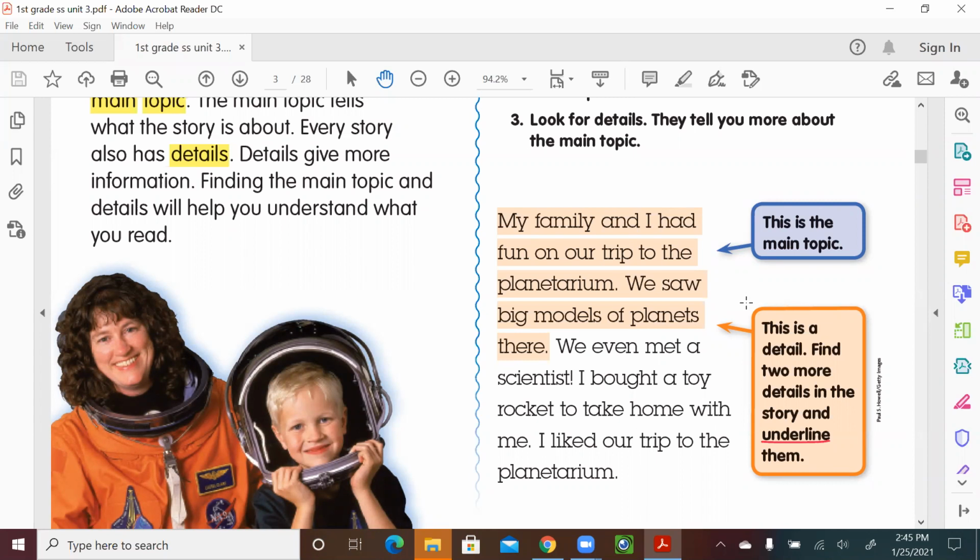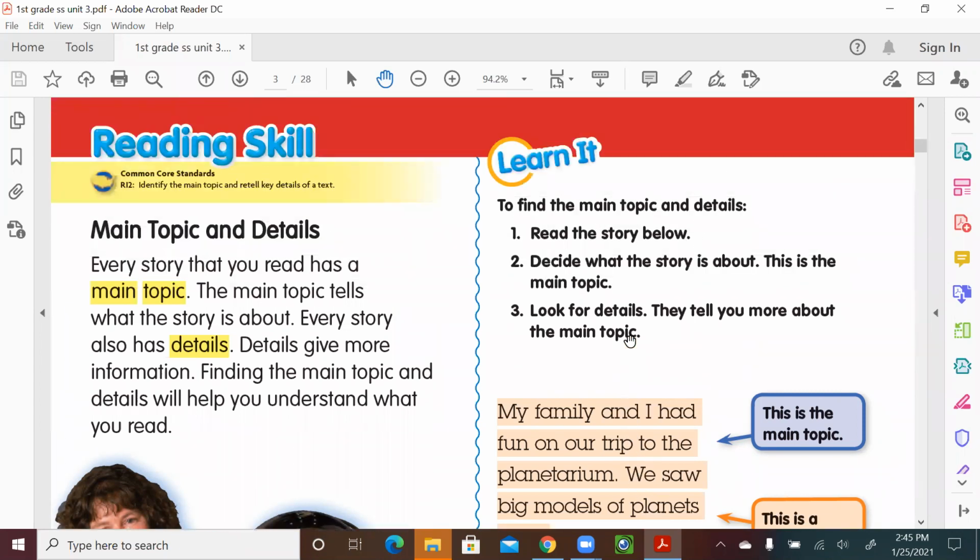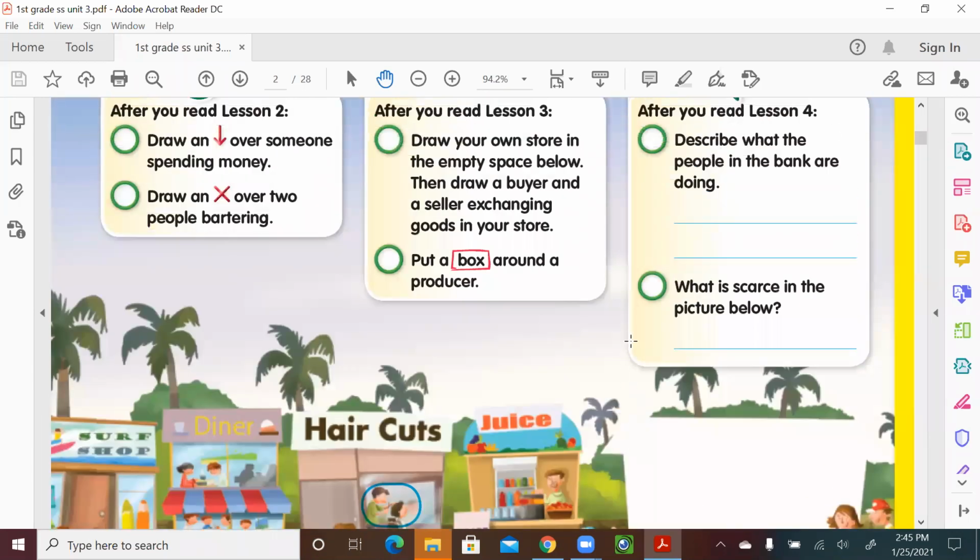We're going to start with a new unit, page 78, unit 3, beginning of economics. In this unit, you'll be learning about making choices, goods and services, money, and barter, and also how to make better choices and what's the difference between seller, buyers, or producer.